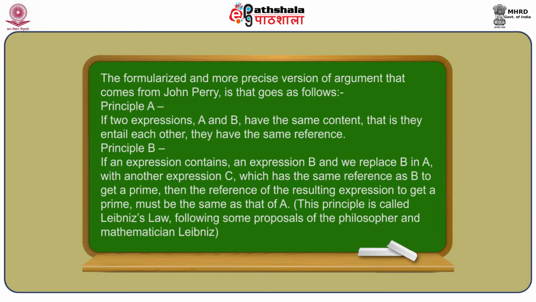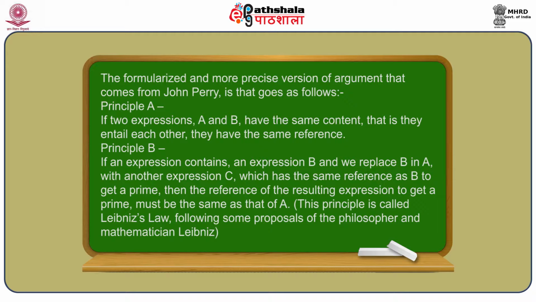But there is a formalized and more precise version of the argument that comes from John Perry that goes as follows. Let us assume that there are two principles that seem to be a priori true. Principle A is the following. If two expressions A and B have the same content, that is, they entail each other, they have the same reference.